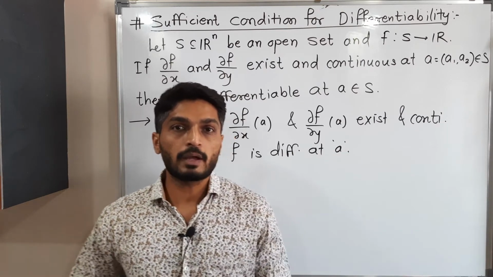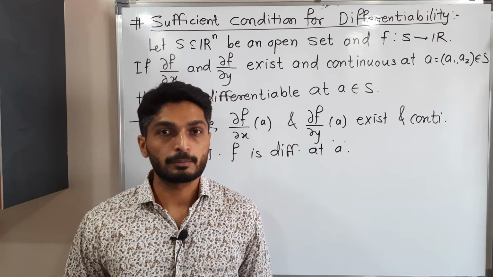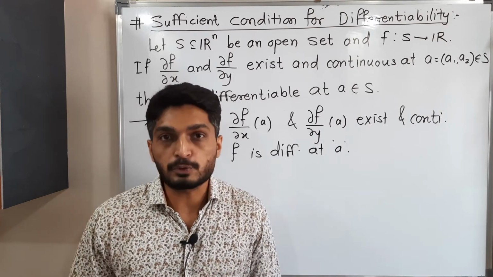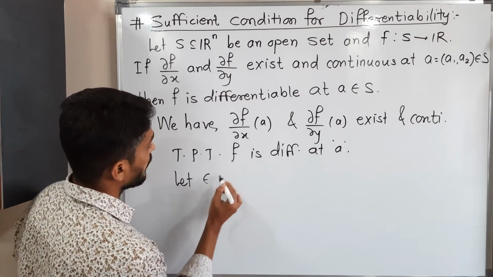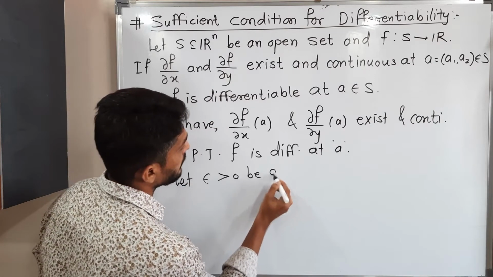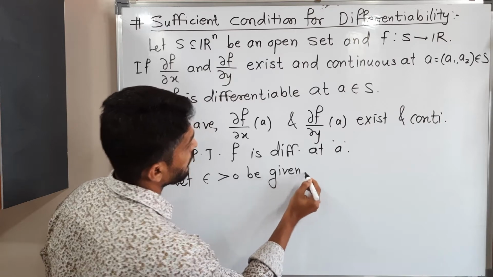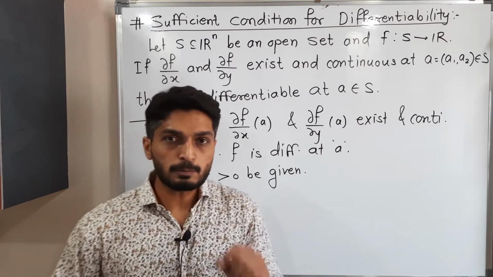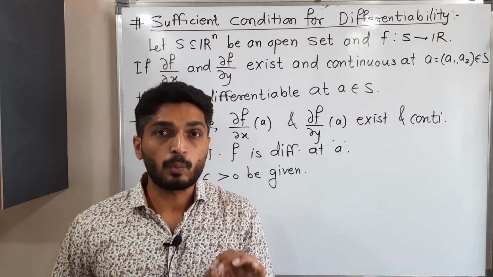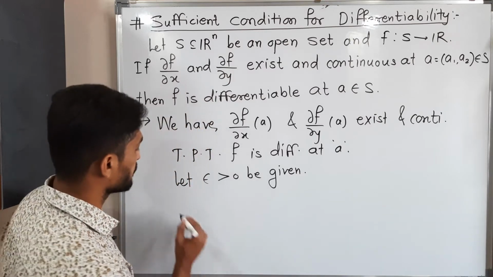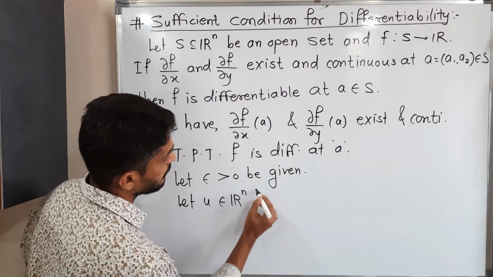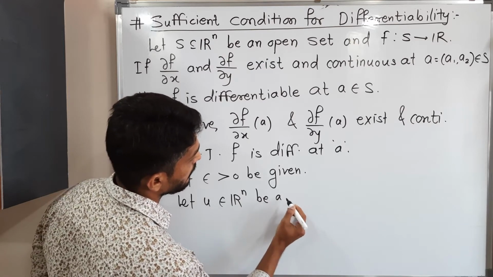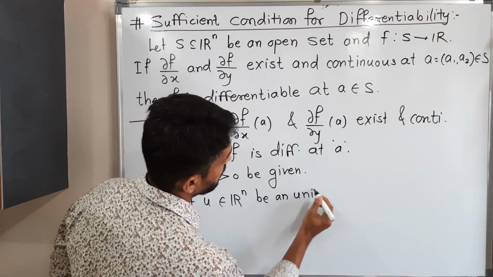So with the help of the epsilon delta definition, I am going to prove it. For that, we need to have some epsilon. Let us take one epsilon first. Let epsilon greater than 0 be given. Purposefully I am selecting one unit vector. Let u belong to Rn be a unit vector.